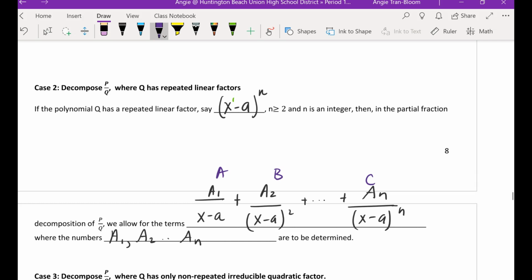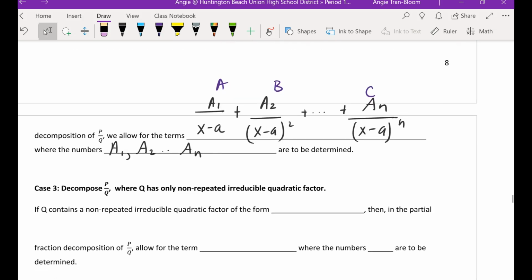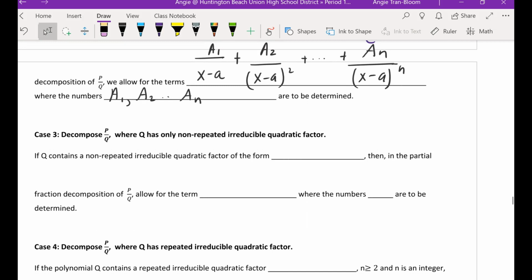Case number 3. What happens when the bottom is not a linear factor? What happens when it's like a quadratic factor? So if Q contains a non-repeated irreducible quadratic factor of the form ax squared plus bx plus c, then the partial fraction decomposition of P divided by Q allows for the term.